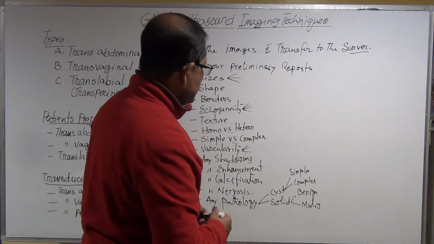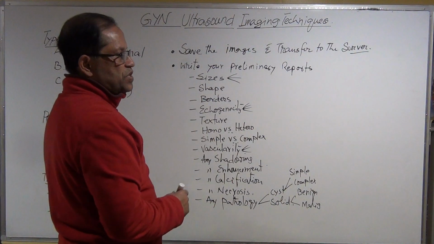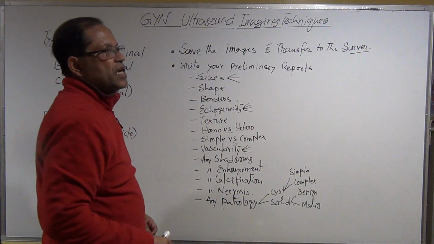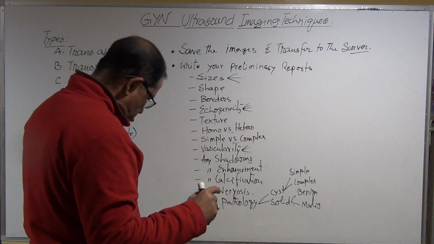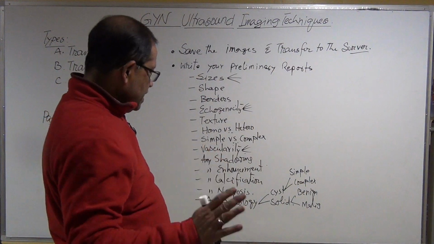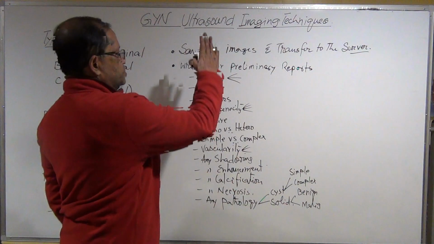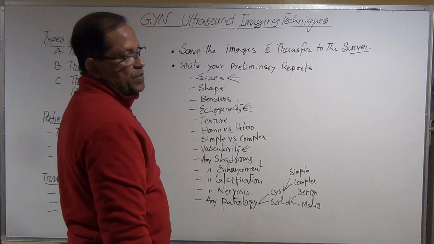You are the operator. You are the sonographer. So you are a very valuable person. Your competency is very important. You are the priority. Okay? Make sure you feel like you are a very important person in order to take care of the GYN imaging.